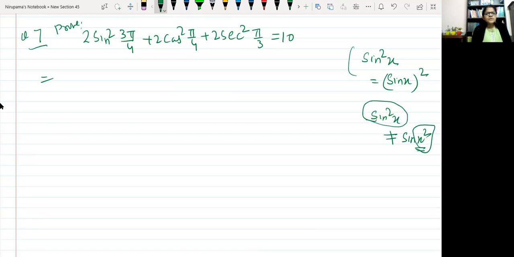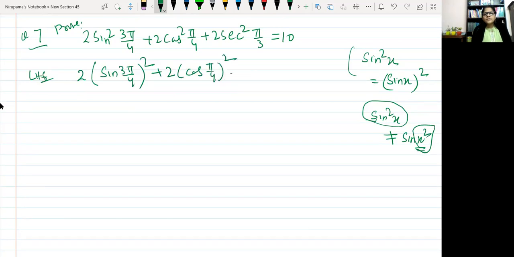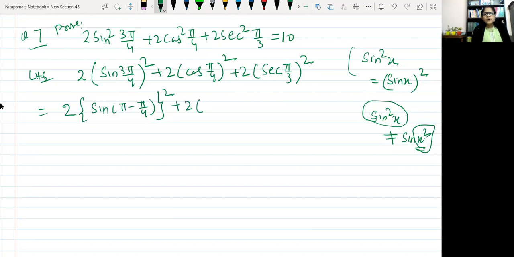So in the LHS, you can start with 2 into (sin 3pi/4) whole square, plus 2 into (cos pi/4) whole square, plus 2 into (sec pi/3) whole square. So 2 sin 3pi/4 can be written like sin(pi minus pi/4) whole square, plus 2 into cos pi/4, which is 1 by root 2 whole square, plus 2 sec pi/3, sec 60 degree, 2 square.